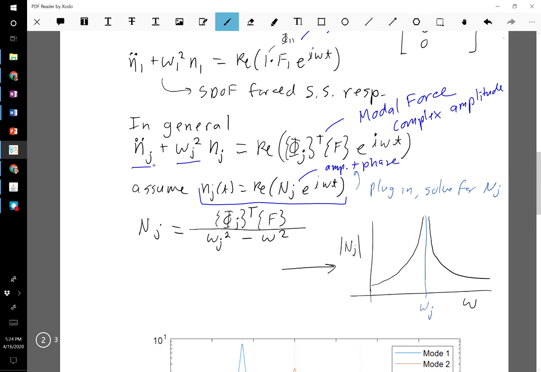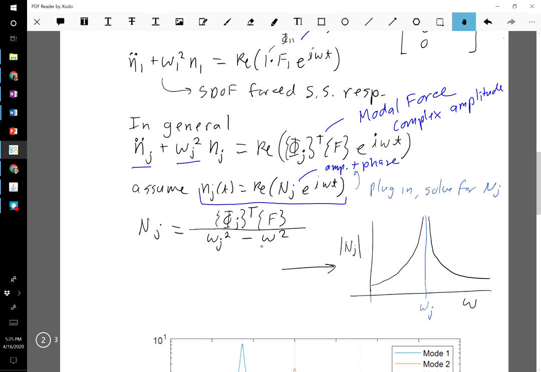From the acceleration, we get this minus omega squared term. This is the natural frequency squared from the stiffness term. And so now we have an algebraic equation for the complex amplitude N. In this case, if there's no damping, this is always a real number. It's either positive or negative.